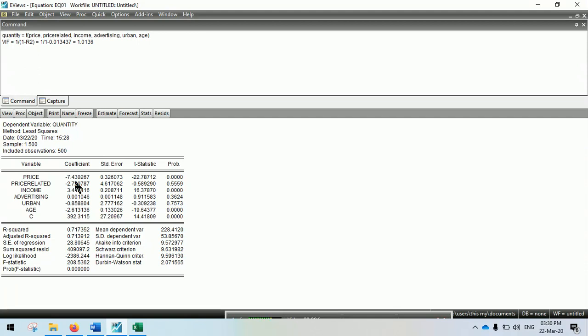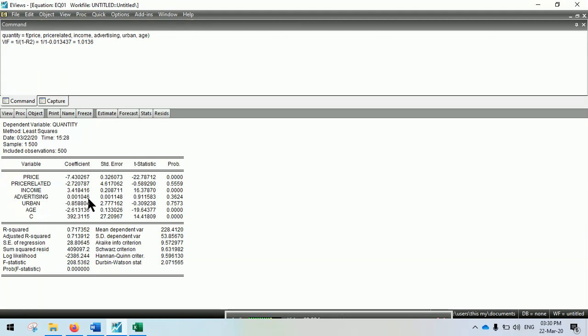So the sign is negative, that means this good is a complement. But again, the coefficient is not significant. For income, the sign is positive, and this shows that the good is normal. If the sign is negative, that means the good is inferior. Here, a 1 unit increase of income, maybe 1000 ringgit, leads the quantity demanded to increase by 3.4 units.